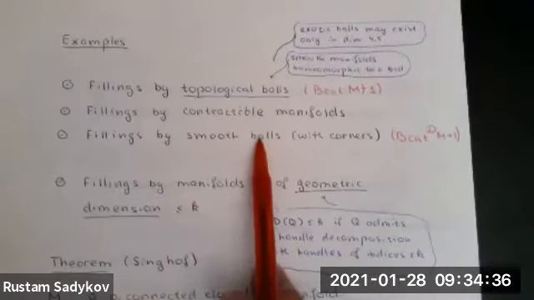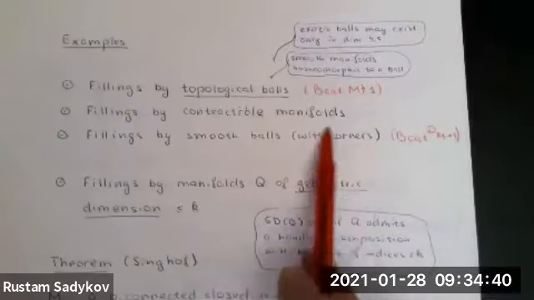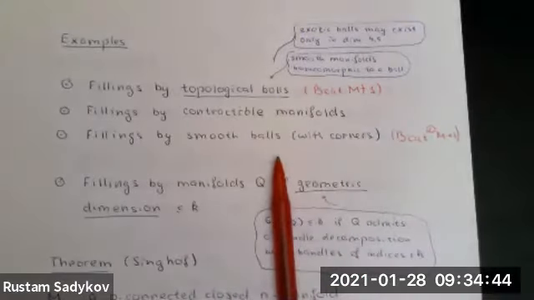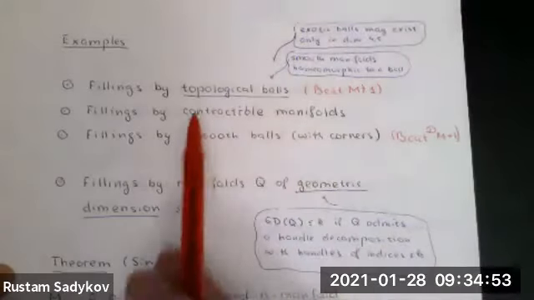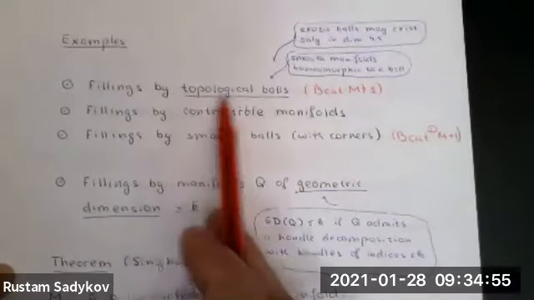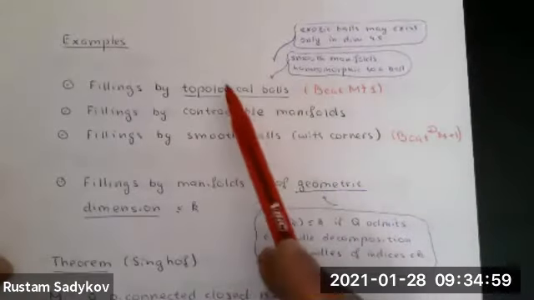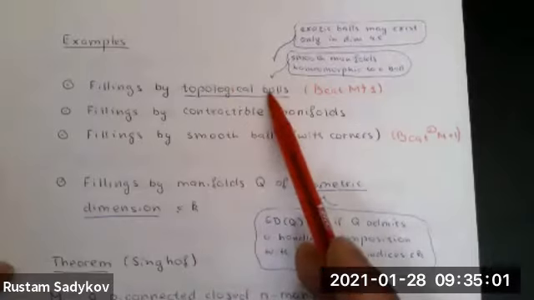Of course, when you consider fillings, in most cases you consider manifolds with corners, because otherwise, for example, if you cut your manifold into three pieces, it's almost impossible to avoid corners. And when I say that I'm considering fillings by topological balls, what I mean is that I consider fillings by smooth manifolds.